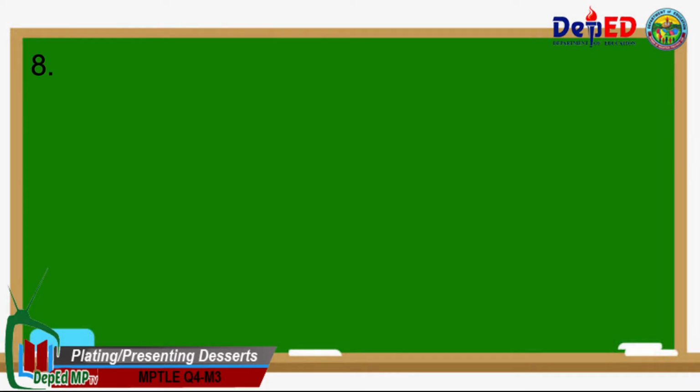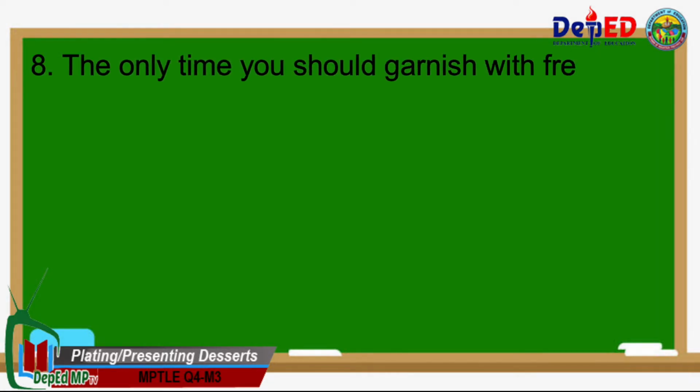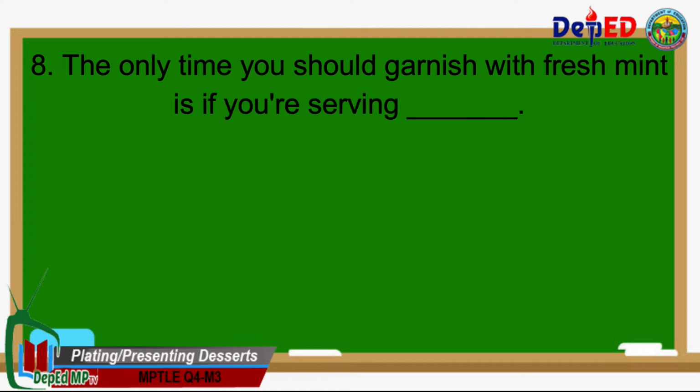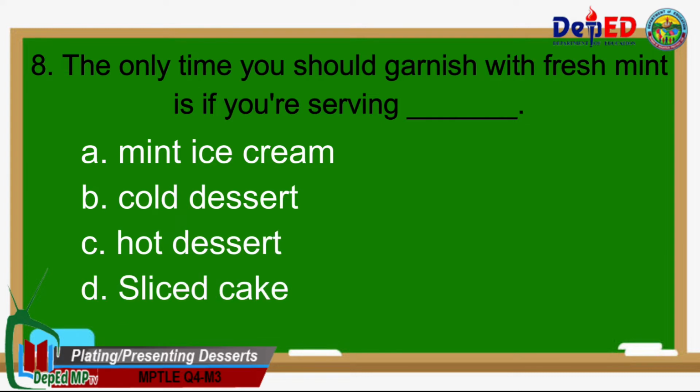Edible. Number 8. The only time you should garnish with fresh mint is if you are serving A. Mint ice cream, B. Colored dessert, C. Hot dessert, and D. Sliced cake. The correct answer is letter A. Mint ice cream.